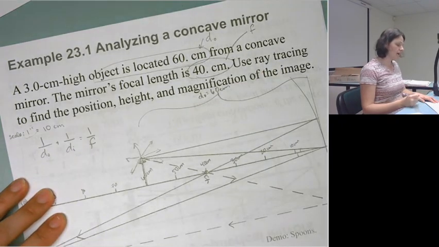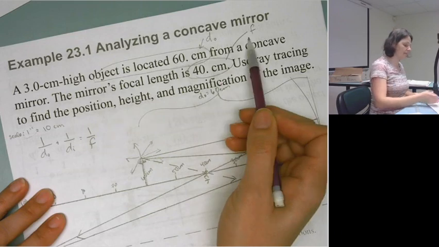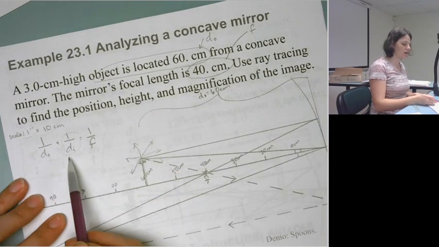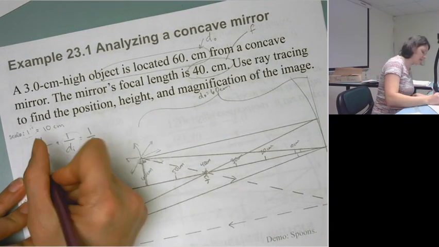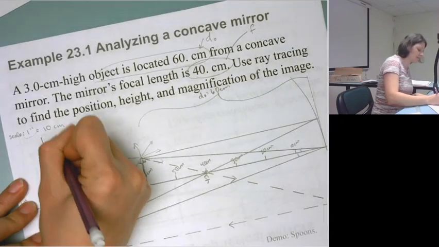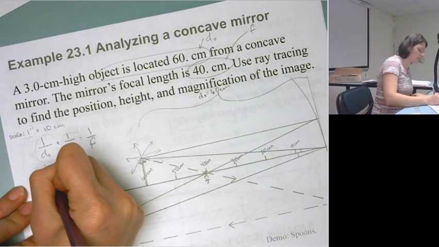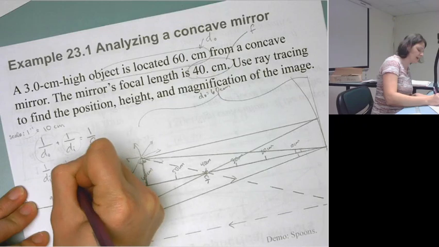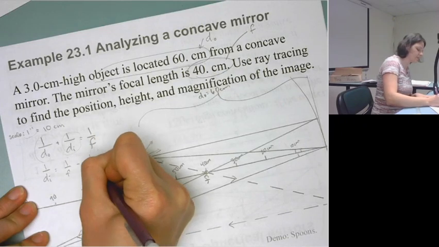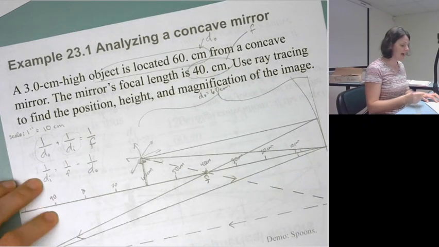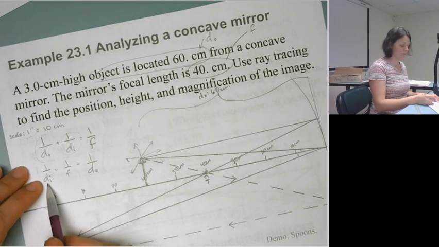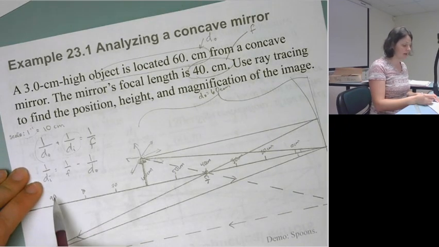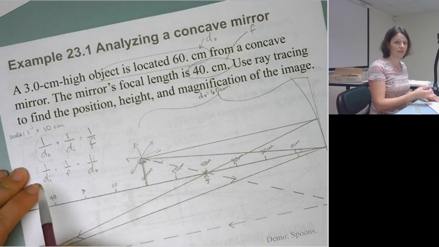Okay, so if I know dO and F, I am solving for dI. So let's solve this equation for dI. I'm going to subtract 1 over dO from both sides so that I have 1 over dI is 1 over F minus 1 over dO. Now, if I want to solve for this number that is in the denominator, I need to take both sides to the -1 power.